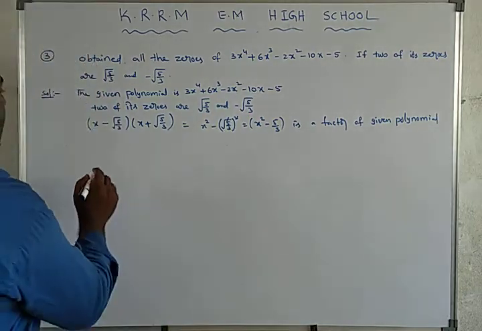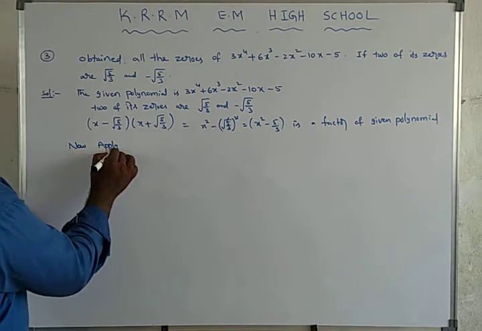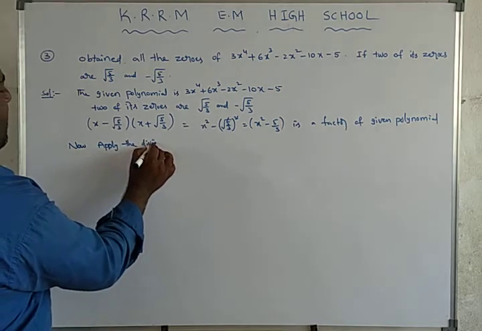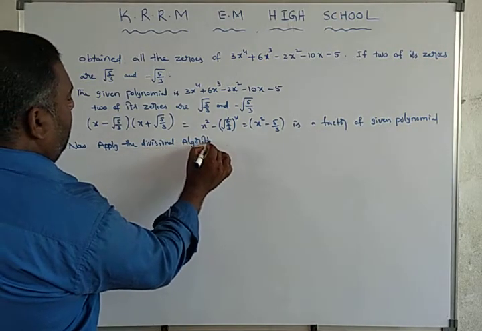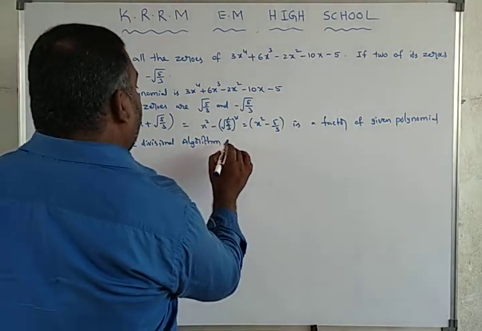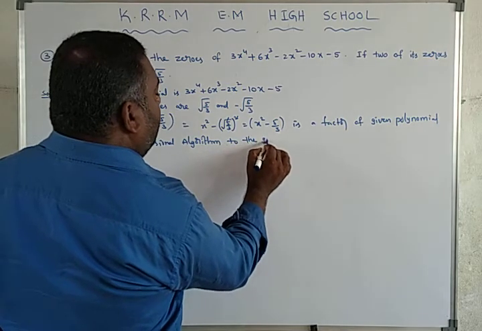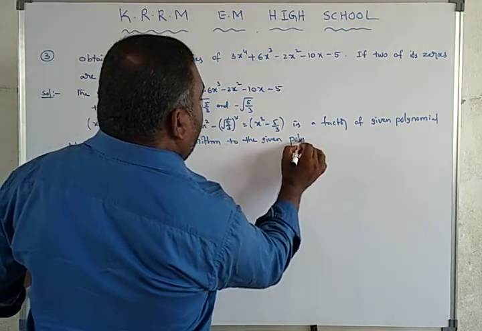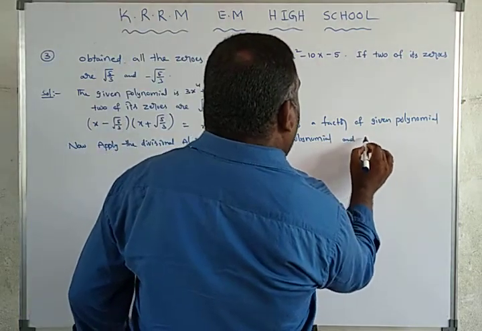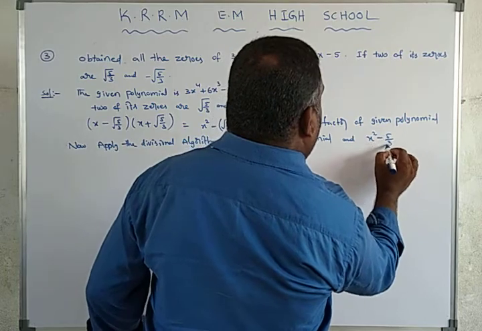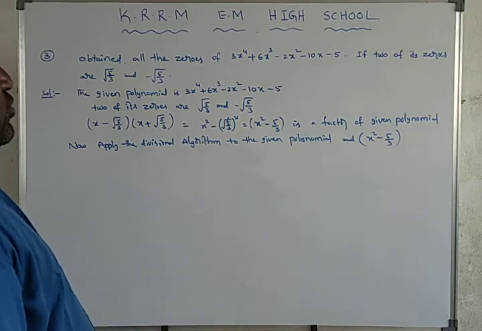Now apply the division algorithm to the given polynomial and x square minus 5 by 3.